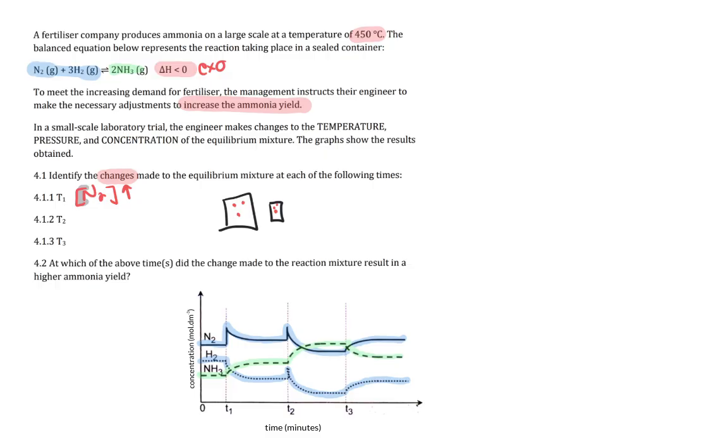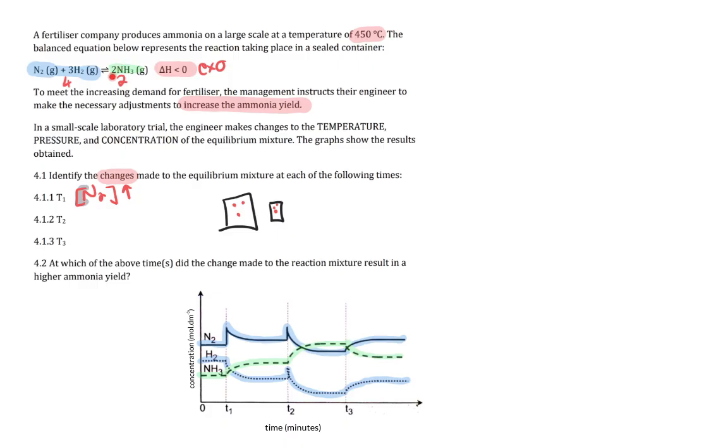Remember, I have to see which side produces the most or least number of moles of gas. So on this side I have 1 plus 3 is 4 moles of gas, and on this side I have 2 moles of gas. If I suddenly increase the concentration, it means that the pressure increased, and an increase in pressure favors the reaction that produces the least number of moles.